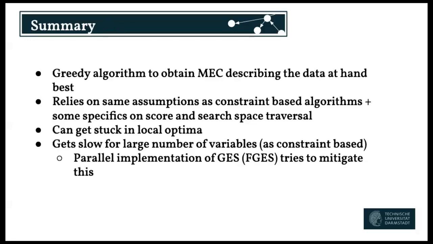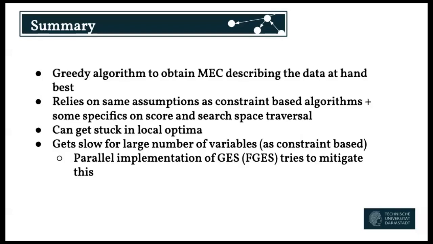Then you have some scoring function that evaluates the quality of your graphs. You have, again, some assumptions on that scoring function, decompositionality and consistency. And as you are greedy, you can get stuck in local optima, so you cannot really guarantee to find the optimal graph.